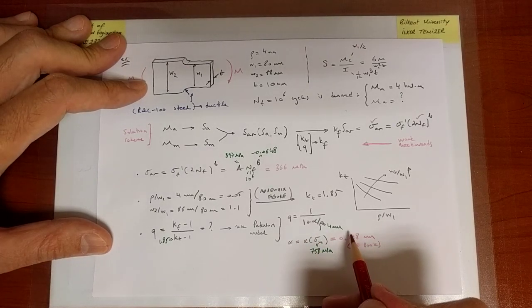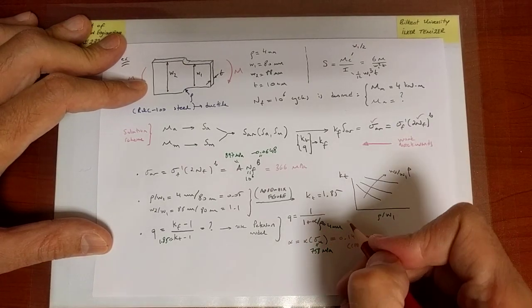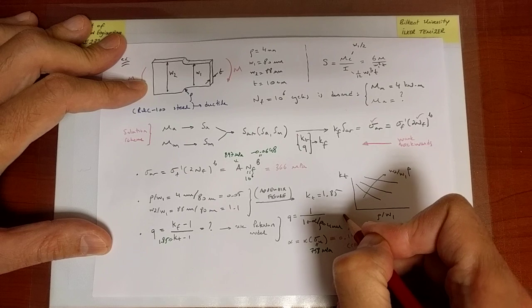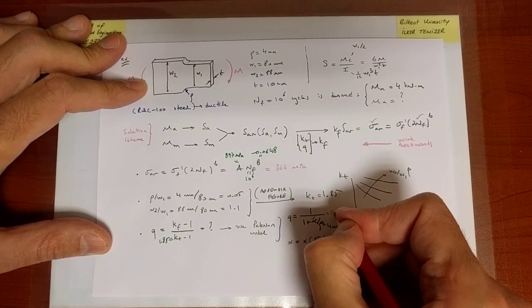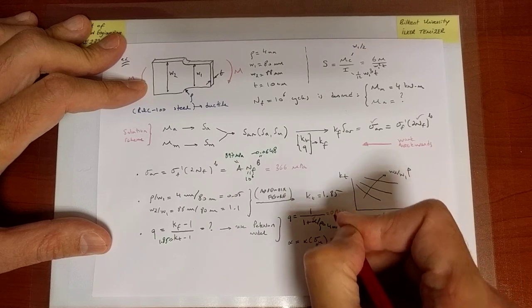Now that we know the value of alpha, we can go back and plug it in there and find that Q is equal to 0.964.